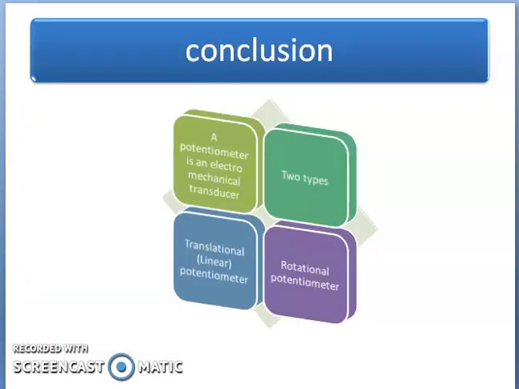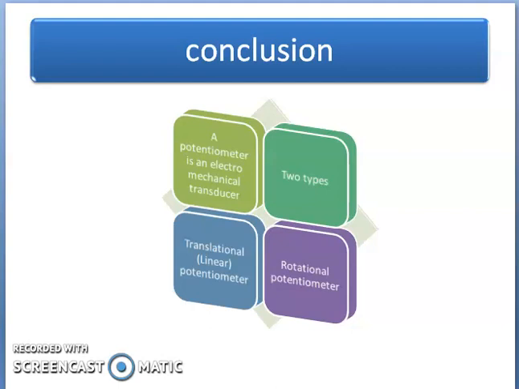Now, in conclusion, first we discussed what a resistive transducer is, the basic working principle of resistive transducers, applications of different resistive transducers, and the advantages and disadvantages of resistive transducers.